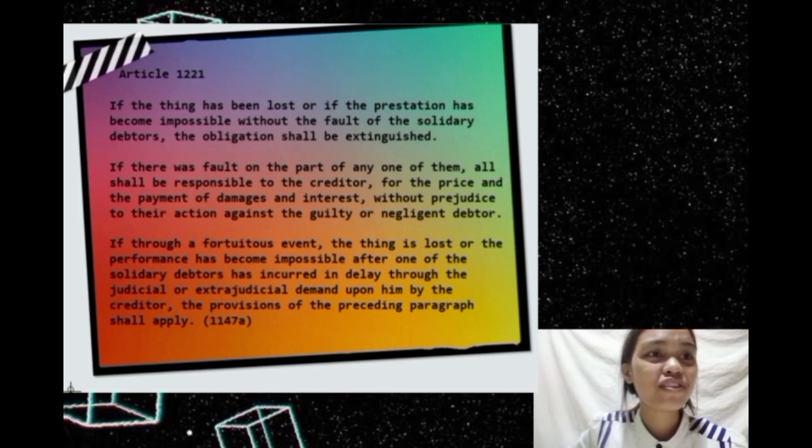For example, if the truck was lost through a fortuitous event but after a demand was made upon Kate, Dayan can still recover damages from Jad and Princess or both of them, without prejudice to the right of action of the latter against Kate, following the same rule in number 2. So the default of Kate makes all of the solidary debtors responsible even for a fortuitous event.